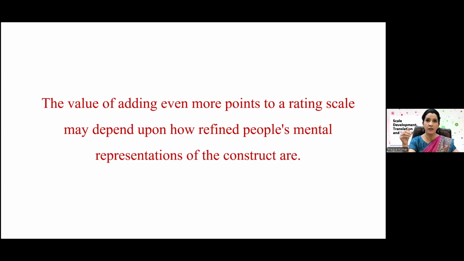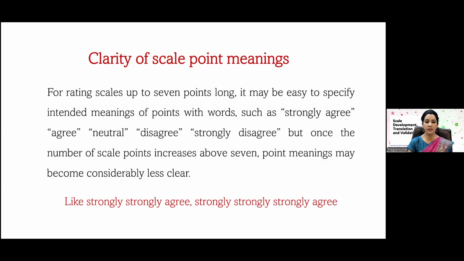So what is the value of adding more points? More points depend on the cognitive ability of the person, how refined the people's mental abstractions are, like the clarity of these points' meaning. If it is a 7-point scale, then how you write the responses, you will see they are like strongly agree; you put the word strongly 2 times, or strongly disagree.